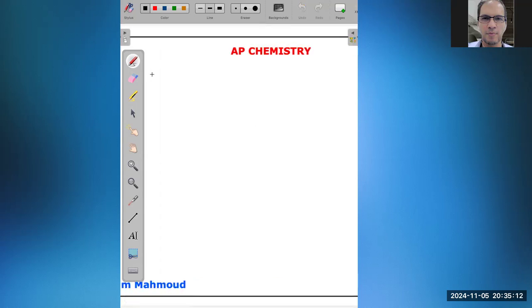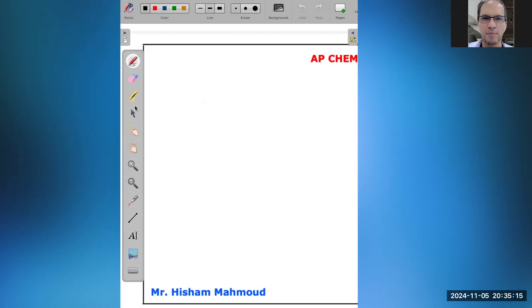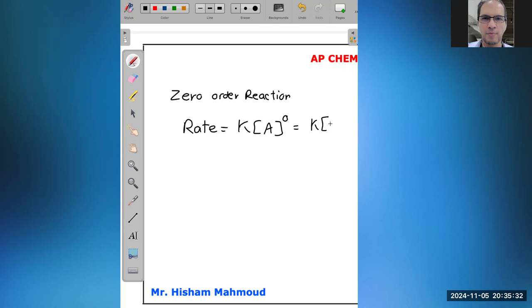We said before that the zero order reaction does not depend at all on the change of the concentration. The zero order reaction does not depend at all. So the rate is equal to K multiplied by A to the power of 0. We said anything to the power of 0 is equal to 1.